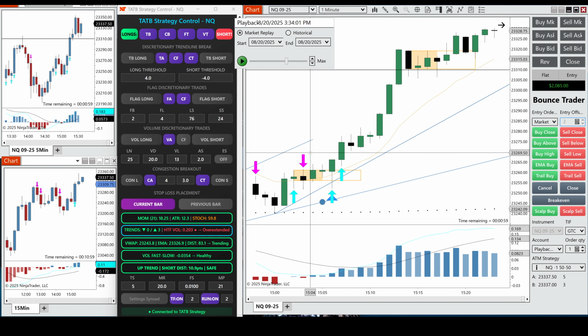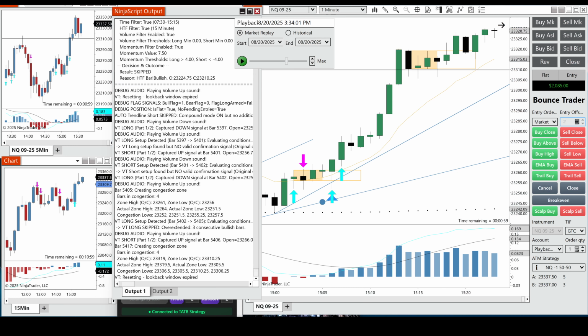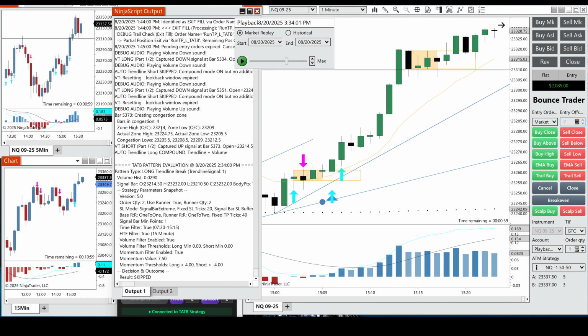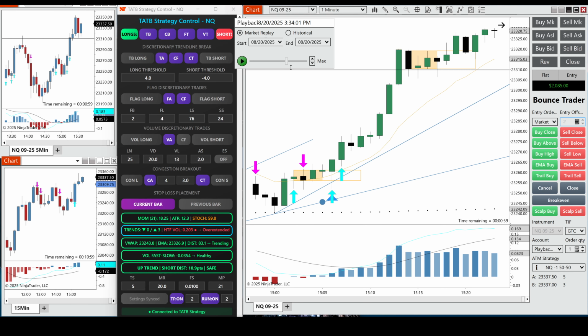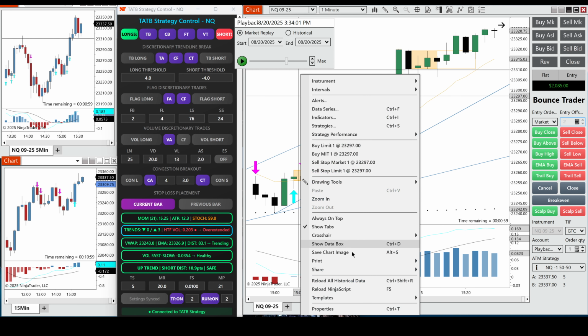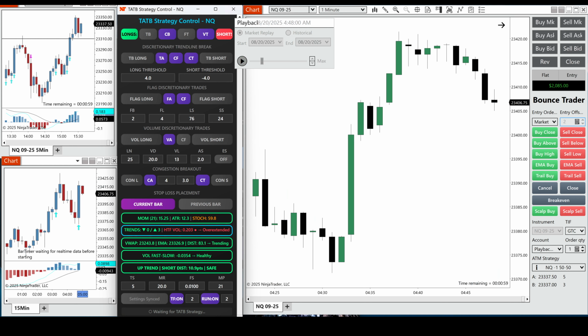Okay, so there was no trade, but let me double check something. Because there are many, what I'm going to do is deselect trend line break, and deselect flag, and run it again.